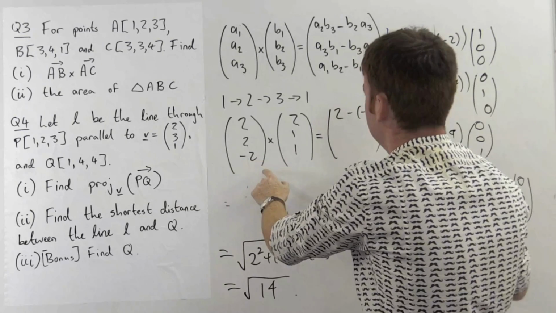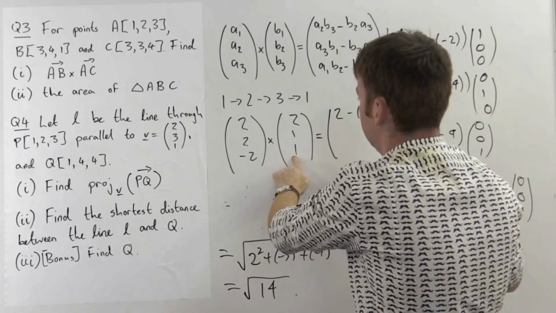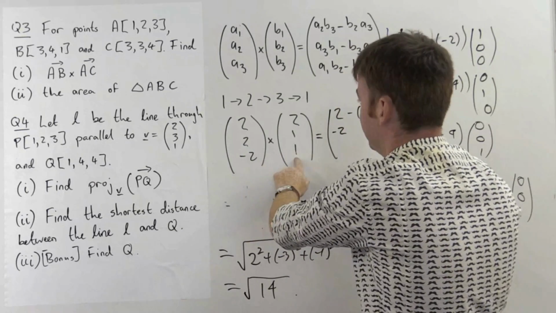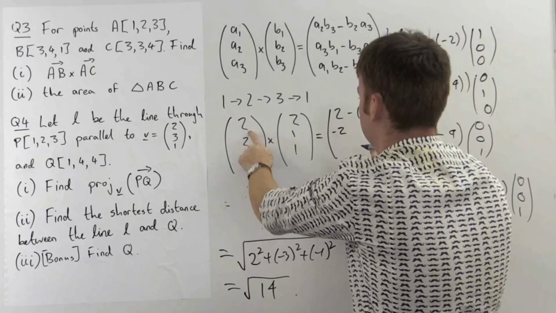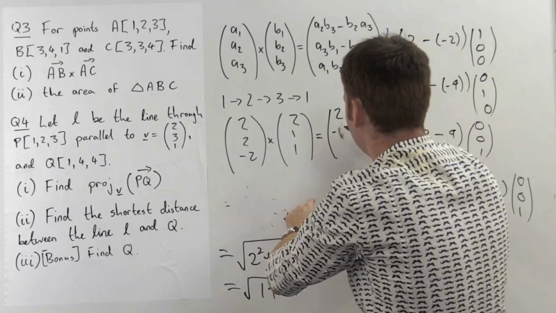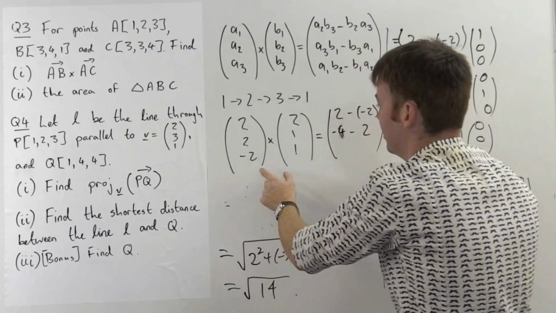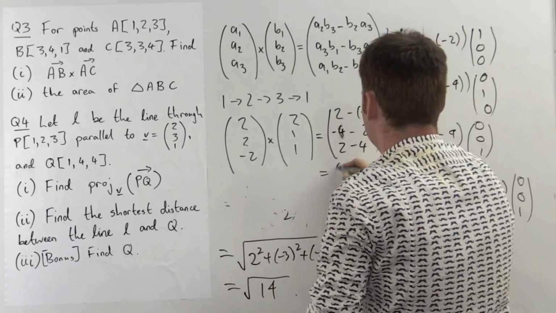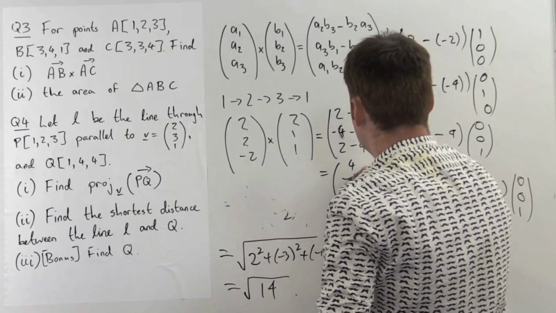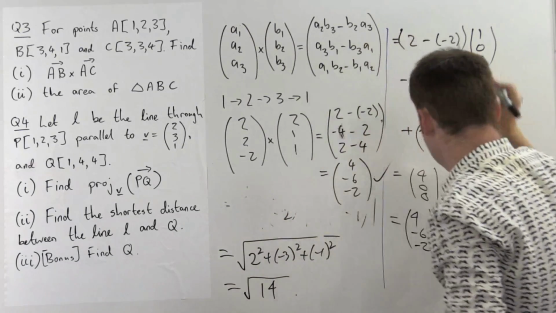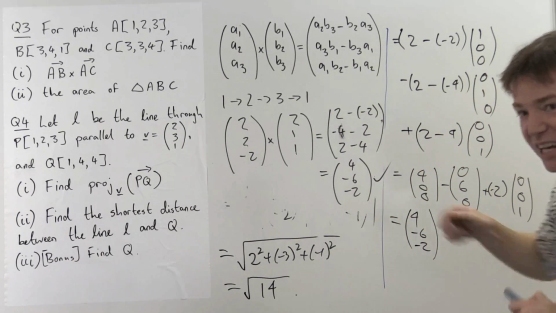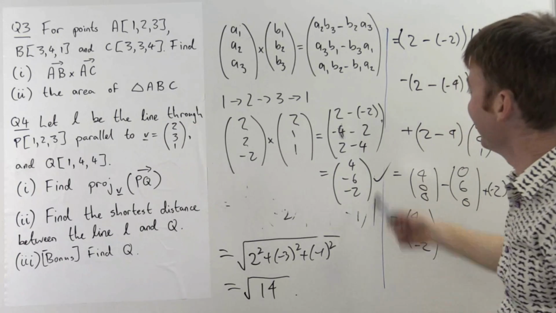And then for the next entry it's A3, B1, so that's minus 2, minus B3, A1, so minus 4, minus 2. And then the final entry is 2 minus 4. So that's 4 minus 6, minus 2, which is what Daniel got. So it's got to be right. If two of us got the same normal, then it must be right.